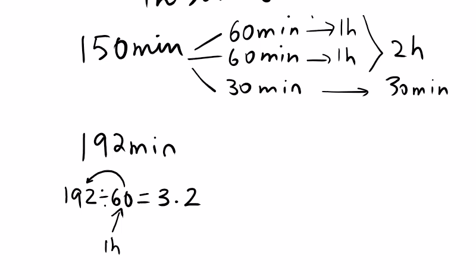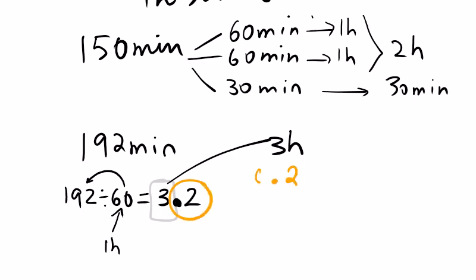It's basically just 3 full lots. So we say it's 3 hours, and what's left here is a fraction of an hour. So 0.2 is 0.2 of an hour.